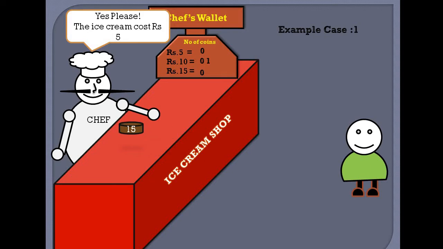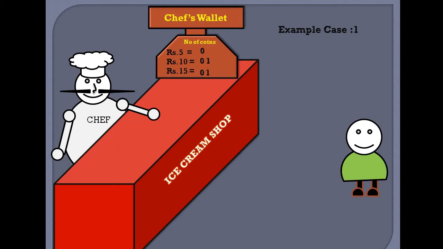For this, the chef would look into his wallet to find whether he has 2 or more 5 rupees coins or 1 or more 10 rupee coins to return the change. And as we can see, in the chef's wallet, he will find one 10 rupee coin with which he can easily return the change. So he returned the change and gave the third person the ice cream also.